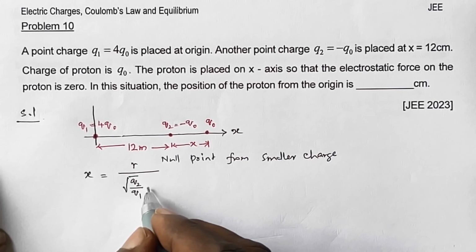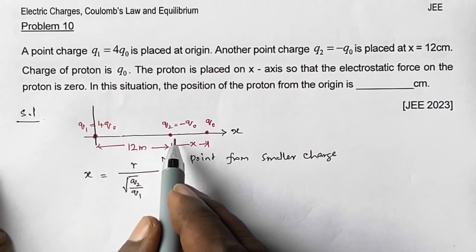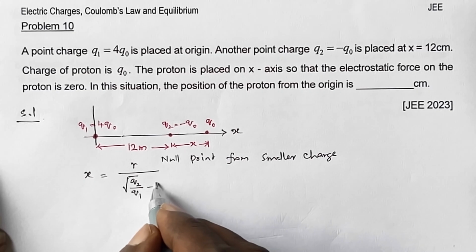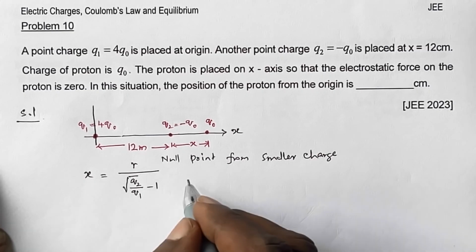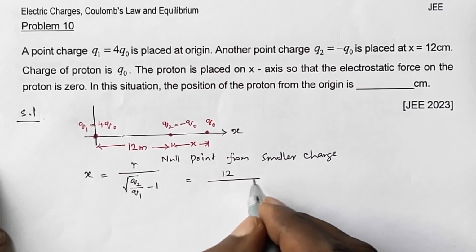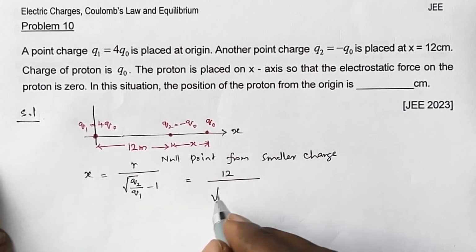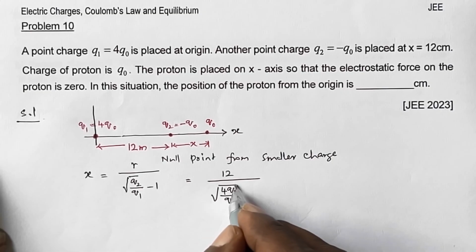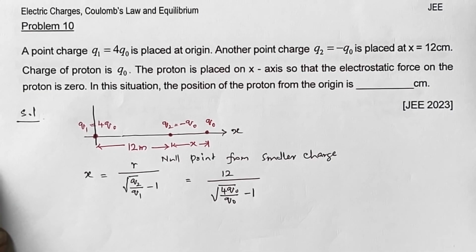Here plus and minus, which will come if the charges are unlike, this is minus 1. So let us calculate. R is equal to 12 meter by root of bigger charge 4 Q naught by smaller charge Q naught minus 1.